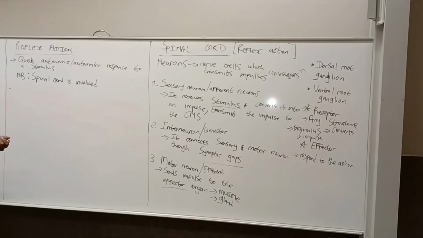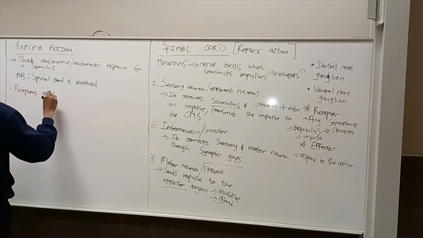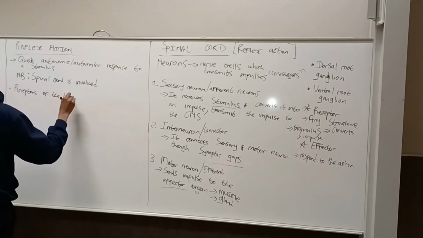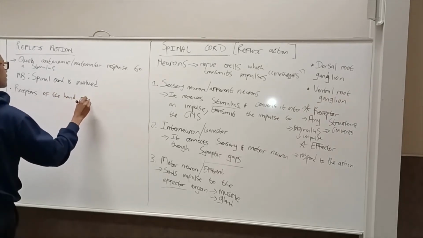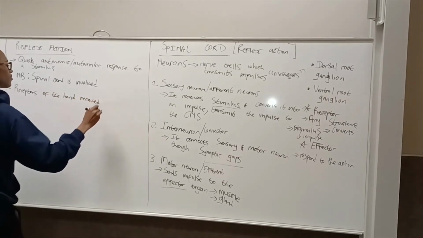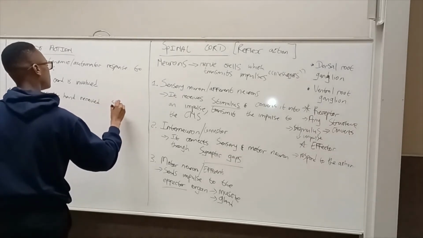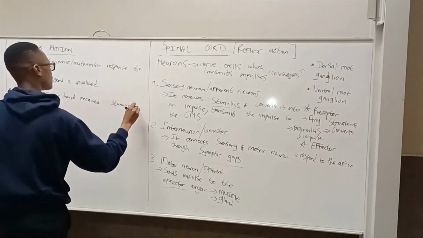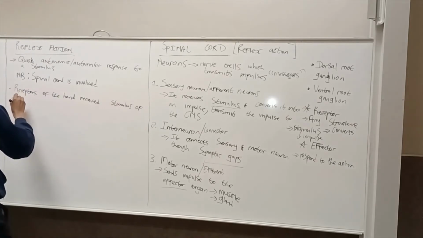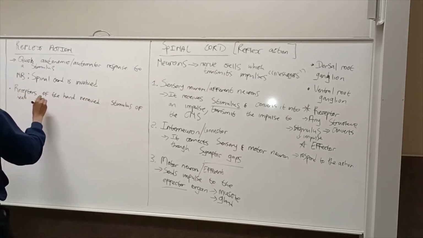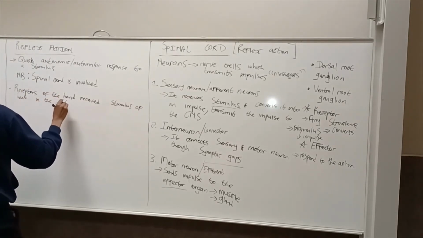Now let's see how that was possible. The first thing that happened started here in your hand. The receptors of the hand received the stimulus of heat from the stove.